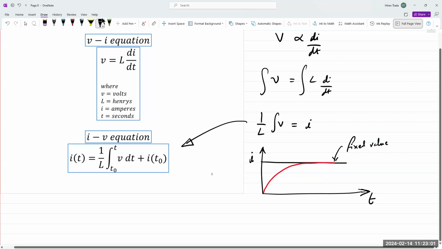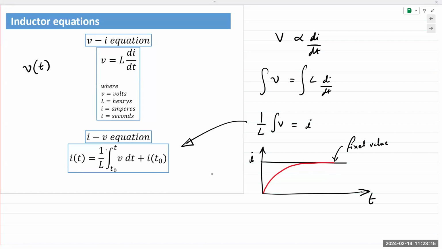And so oftentimes you would see the equations for IL or VC or VL. L stands for inductor, C stands for capacitor. So since they are functions of time, you would see V of t, where time is the variable, and you would see I of t, current as a function of time. And that's all it means here. Time t is the variable.